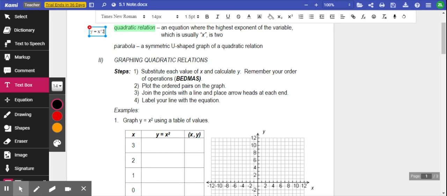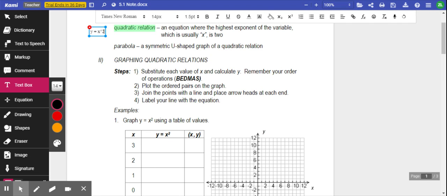So our job right now is to graph these quadratic relations, and these are the steps on how we go about doing this. The first is, just like we've done with our linear relations, we're going to substitute each value of x into the equation and calculate y. The important thing here is we have to remember our order of operations, or BEDMAS.